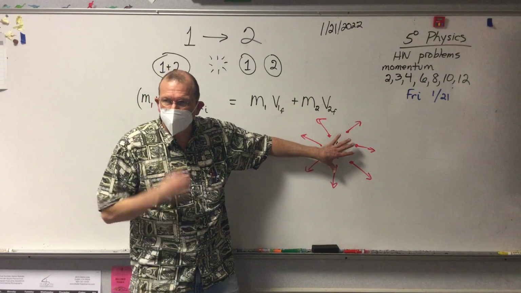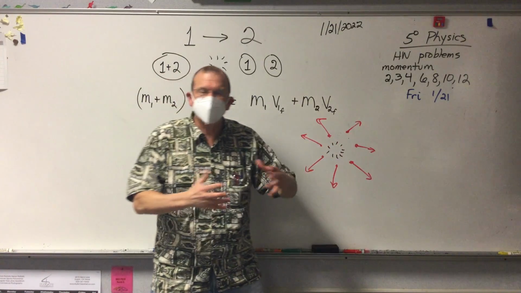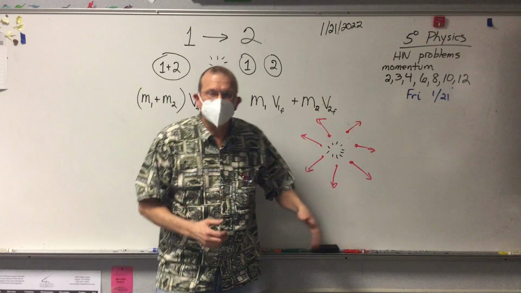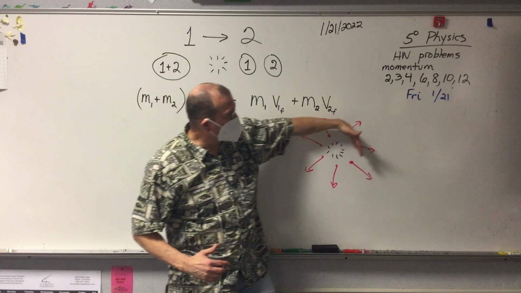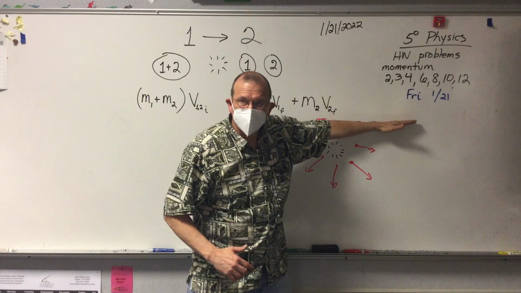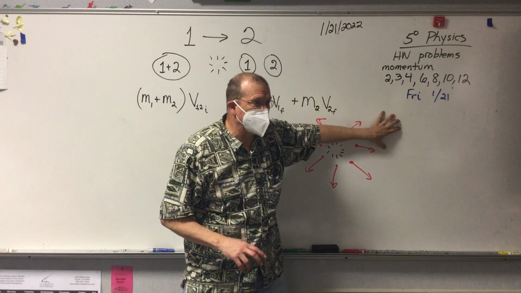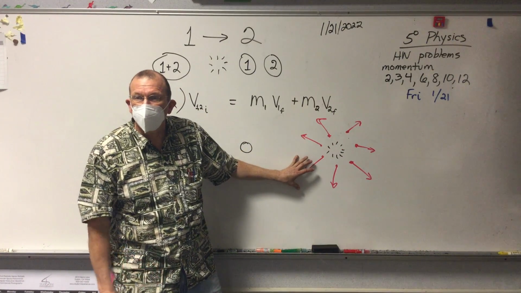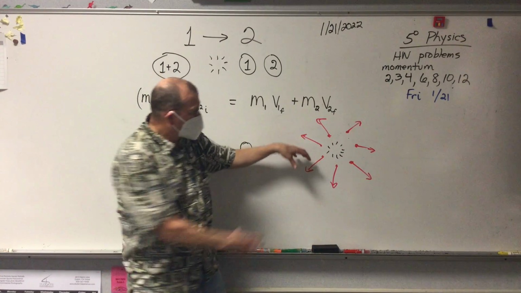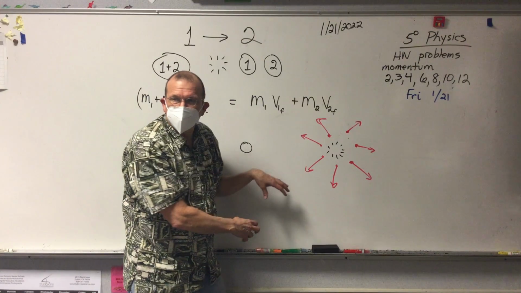When it comes to momentum, because momentum is a vector, it involves direction. So if you have particles that are headed off in this direction here, there is momentum right there that you could talk of, but somewhere over here, you will have an equal amount of momentum that is headed in the opposite direction.